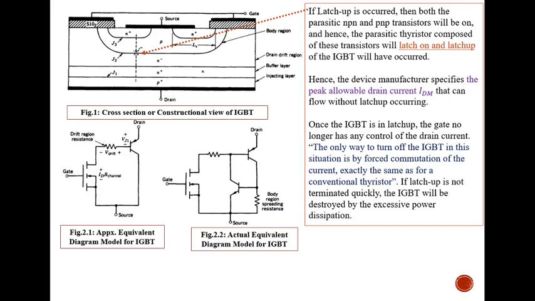To turn on the IGBT and make it conduct, gate voltage is involved. Which gate am I talking about? The IGBT symbol is in this fashion. Remember, this is the gate, this is the collector, this is the emitter. This is a hybrid version of the MOSFET and BJT.